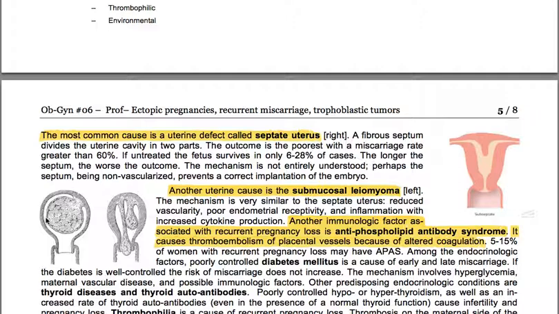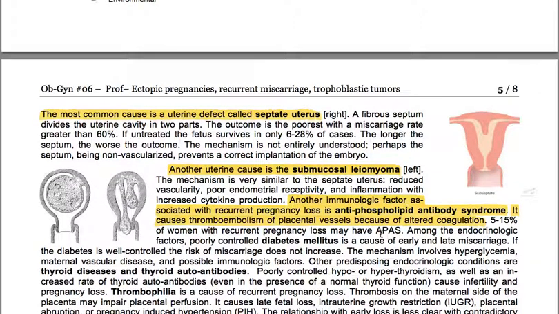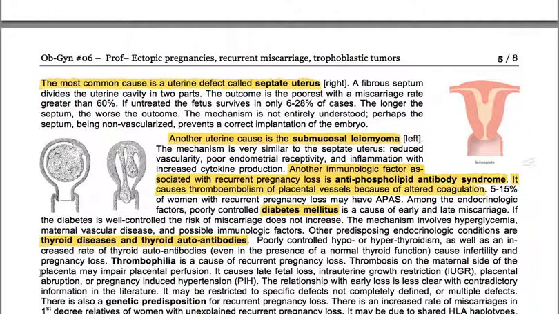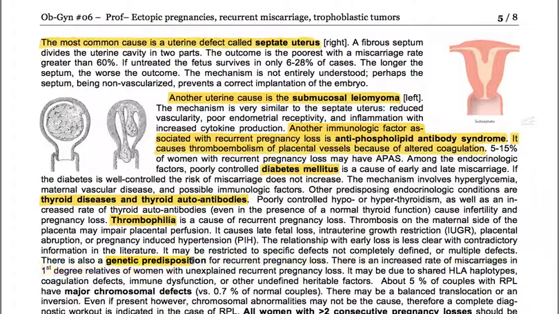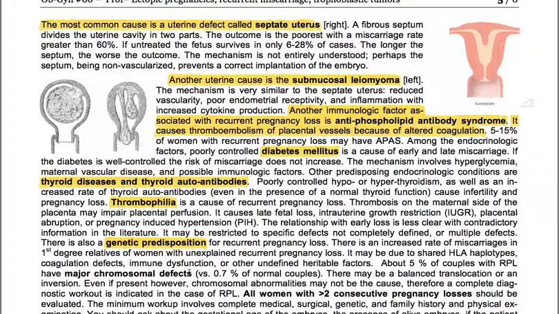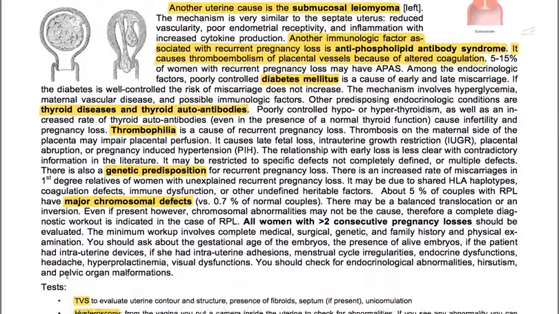Then we can have submucosal leiomyoma, then antiphospholipid antibody syndrome, then diabetes mellitus, then thyroid diseases and thyroid autoantibodies, thrombophilia, genetic predisposition for recurrent pregnancy loss, in fact we can have major chromosomal defects. Okay.